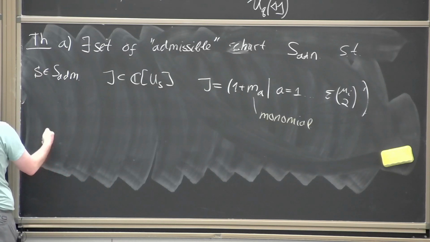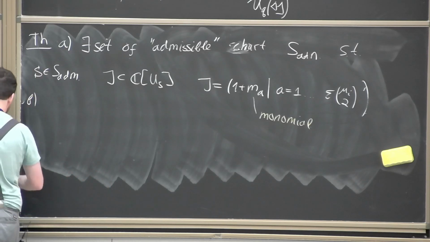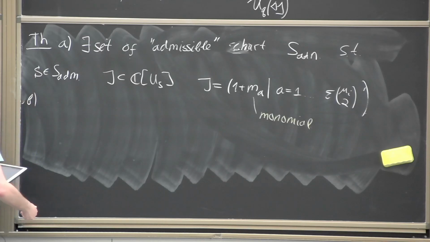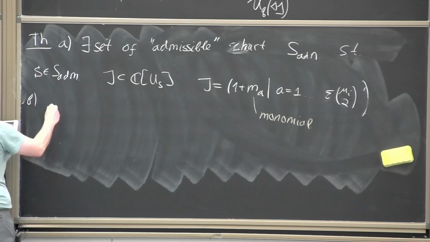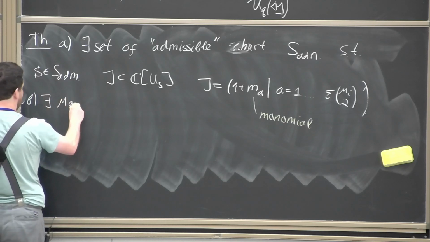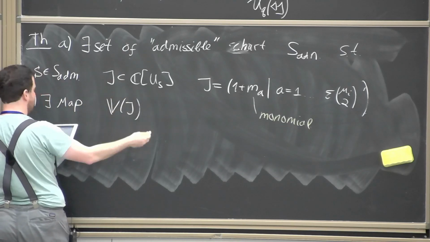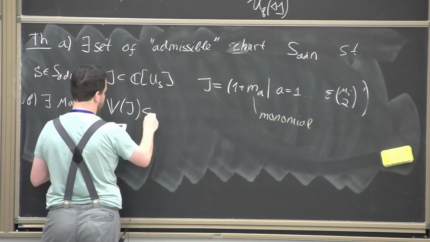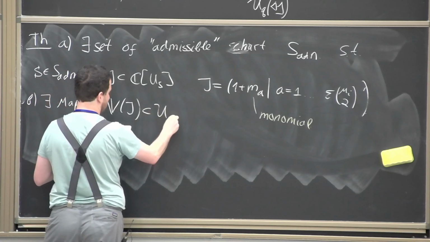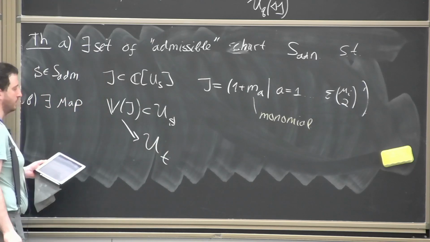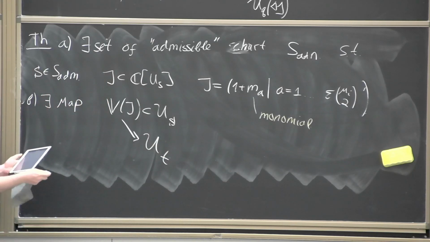B: there is a map from the subset given by this ideal inside U_S to another cluster chart U_T.